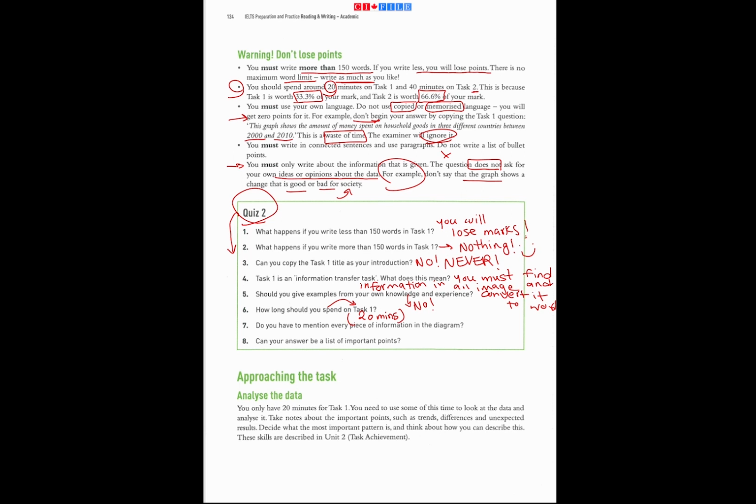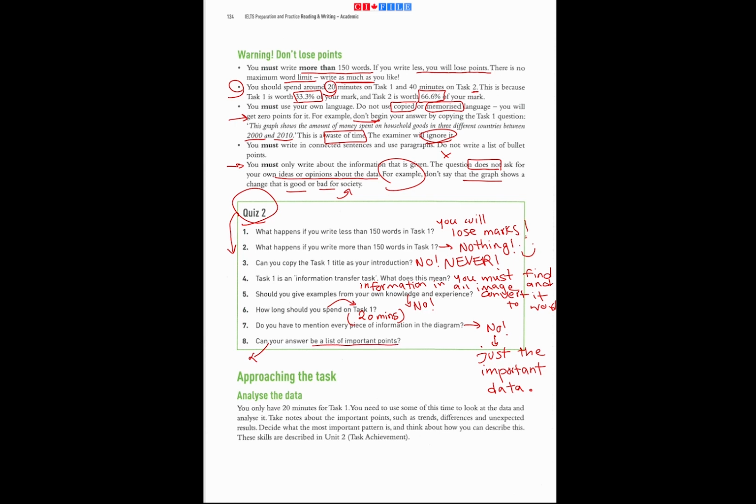Question 7. Do you have to mention every piece of information in the diagram? No. Only mention the important data, such as a minimum and a maximum, or a date when an important change happened. Question 8.